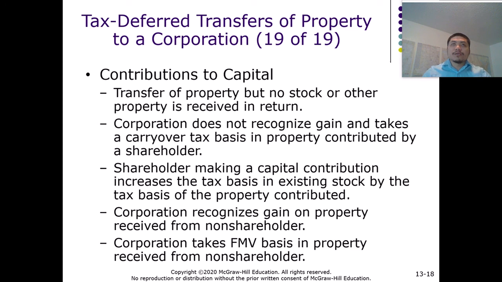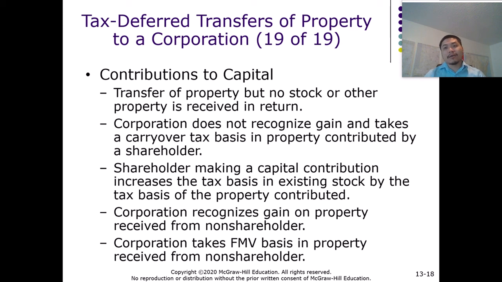Because the second time I contributed, I didn't receive any stock in return, I can increase my basis in the stock that I own. My basis in the stock was $5,000.